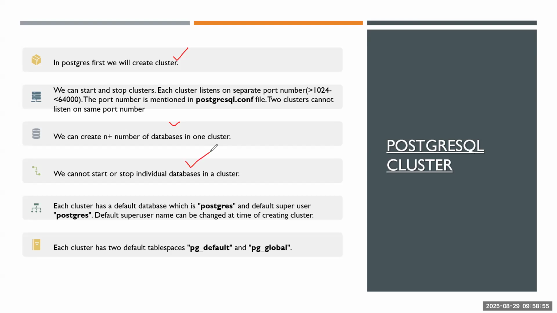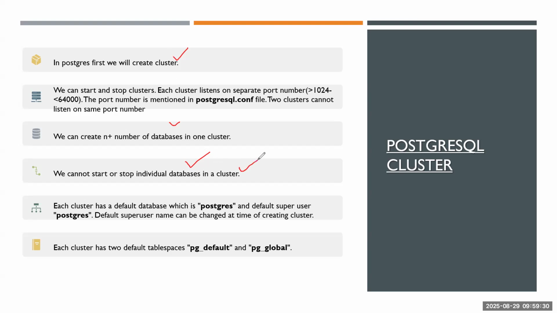This is something new for people coming from a SQL Server background. You can't start or stop a single database; you need to go for the entire cluster only. Many people will get confused. When I go for SQL Server, I can stop a single database, right, Subbu? SQL Server is a separate platform, Postgres is a separate platform, sir. Is it clear, everyone? The first 3 points are clear, and this is a little more important.